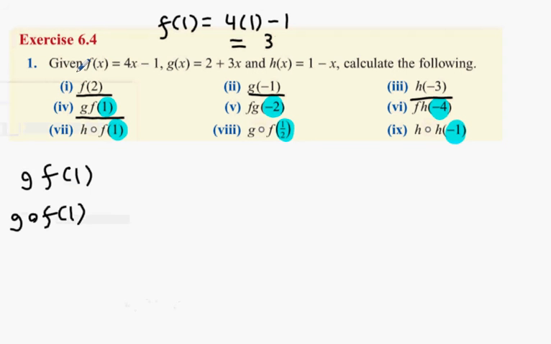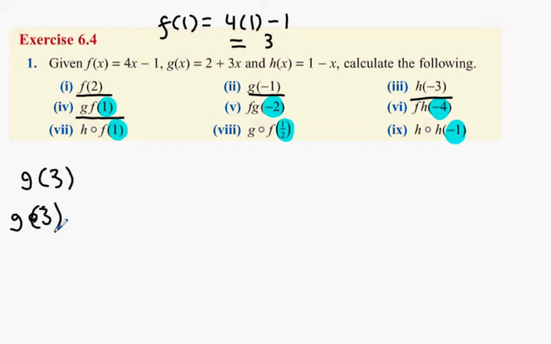So, what we have here is we figured out what F1 was first. Is everybody happy with that? F1 is the same as 3. So all of a sudden, you replace F1 with what? 3. And it now becomes G3 on both of them.